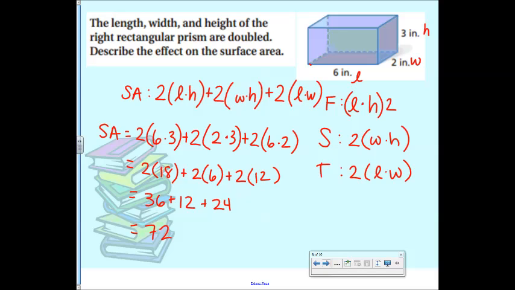So I'm going to use the same formula, but with 12, 4, and 6. So my length is 12, my width is 4, and my height is 6. All right, so I'm just going to plug it into my formula. 2 times 12 times 6 plus 2 times 4 times 6 plus 2 times 12 times 4.